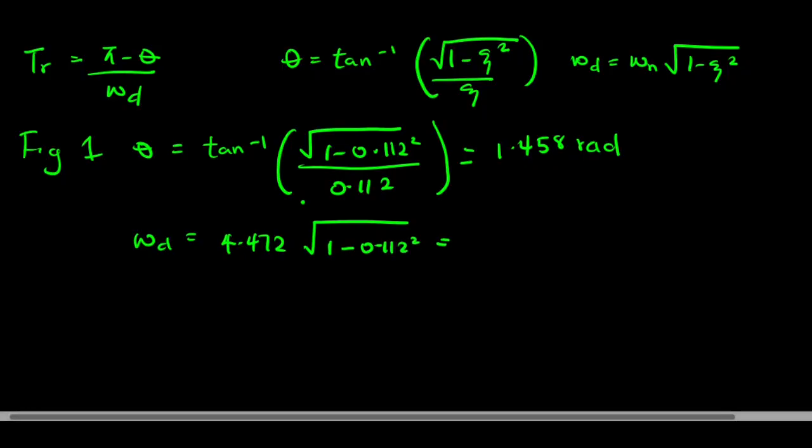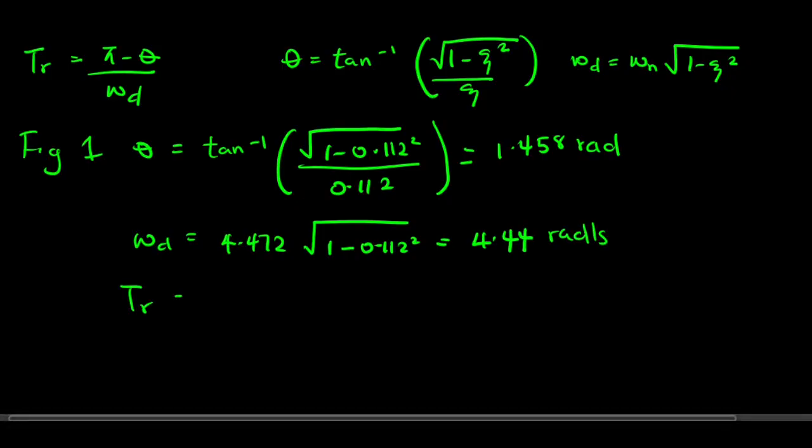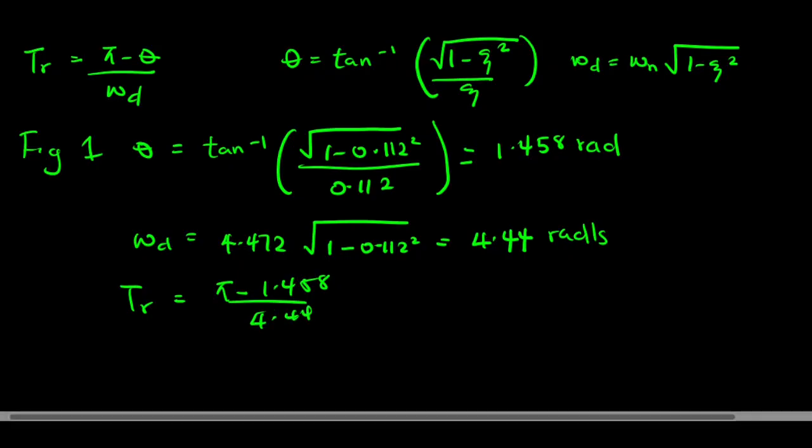Going to give our answer as 4.44 rads per second. Putting it into the formula, TR equals to pi minus 1.458 over 4.44, which is equals to 0.379 seconds.